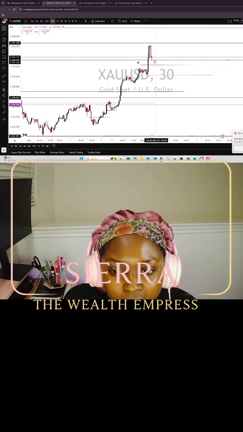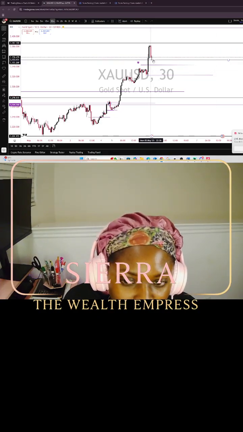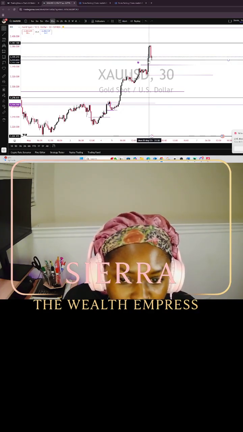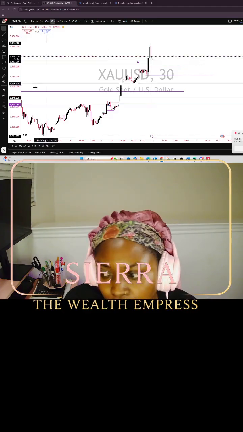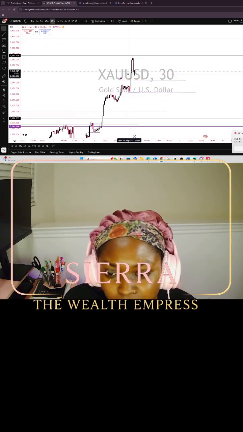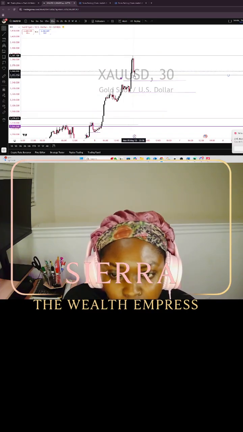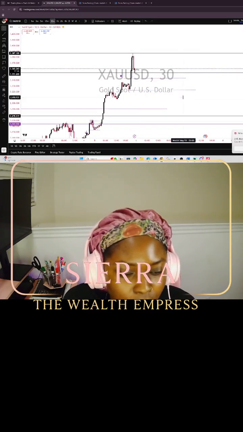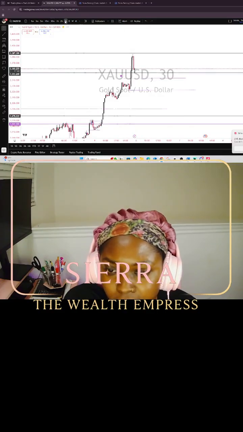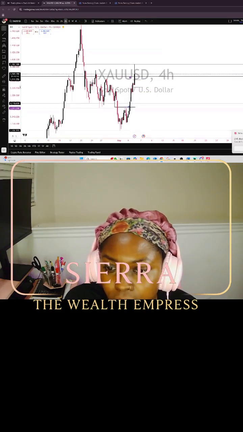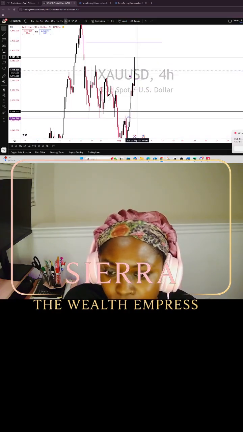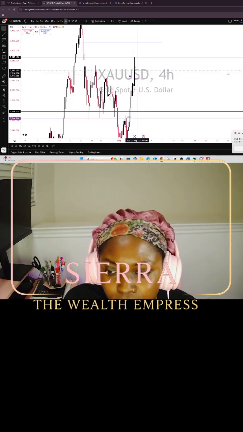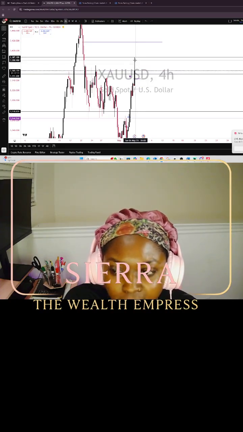But you have to be careful on these CRT ranges because it's just like a fair value gap or support and resistance, right? Actual true support resistance, because it can reject off of it and then decide that it wants to go higher because there is another gap up here on the 4 hour. Okay. And we still have an hour and 47 minutes left in this candle. So this candle is still ranging.